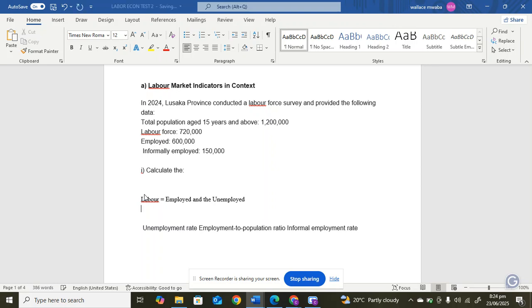And this is how we get it. Labor force participation rate, LFPR, is the labor force over the adult population, in this case the total population aged 15 years and above.